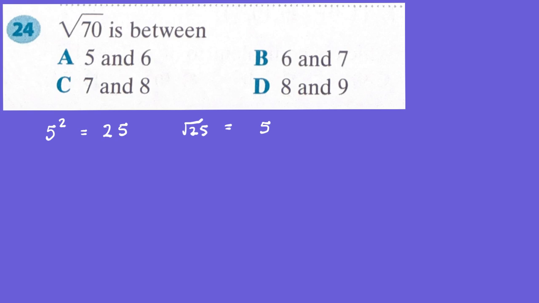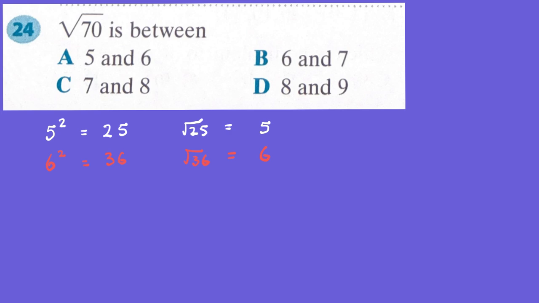Let's go to 6. 6 squared is equal to 36, and therefore the root of 36 is equal to 6. We're nowhere near yet because we want root 70.